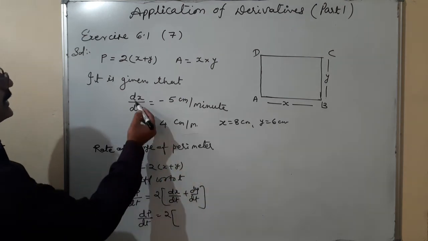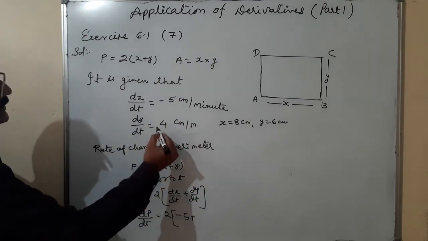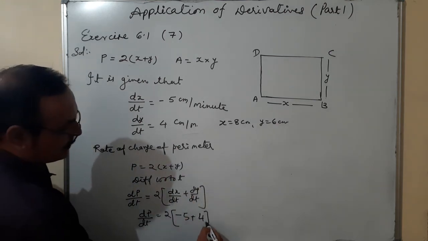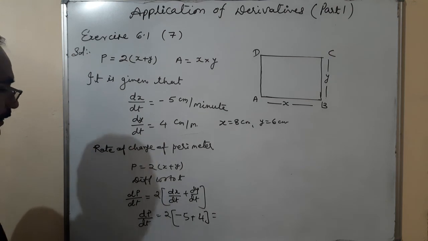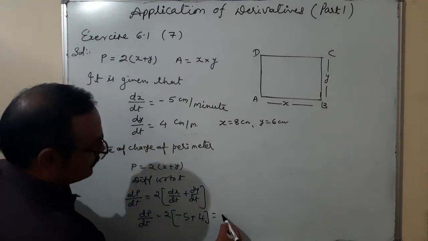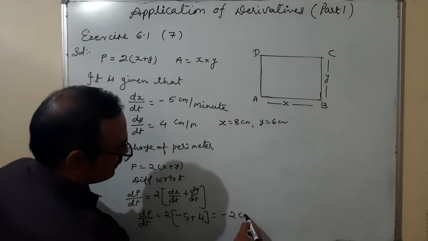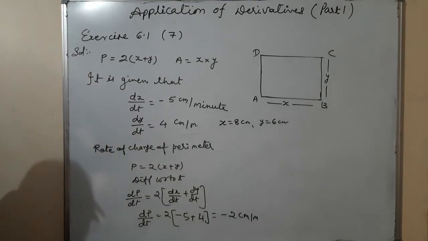What is given here? dx/dt is minus 5, plus dy/dt is given 4. So it is coming minus 2 centimeter per minute. The meaning is the perimeter is decreasing at the rate of 2 centimeter per minute.